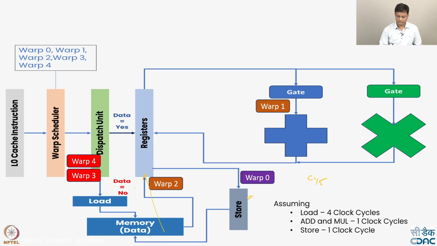So, at this time you can see that load operation, store operation and computation operation are working at the same time. This is the way the warps flow through the various pipeline stages.